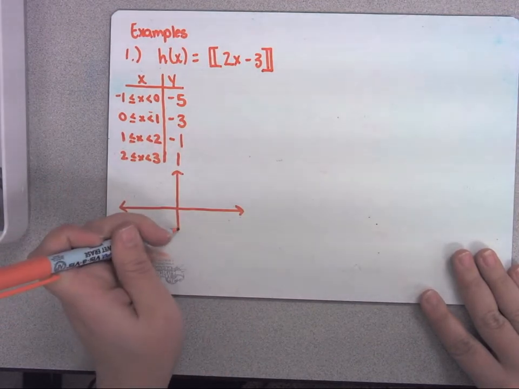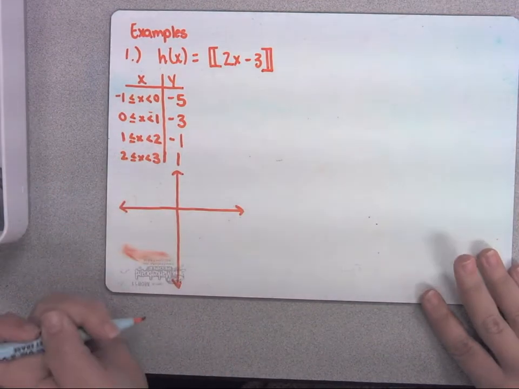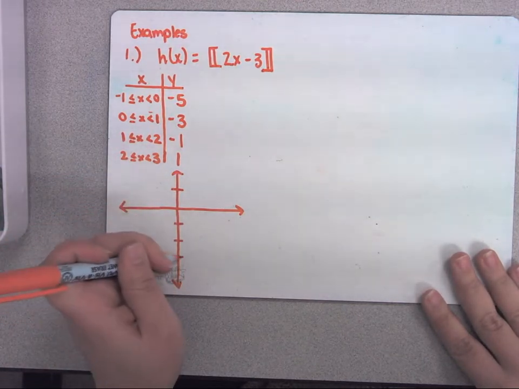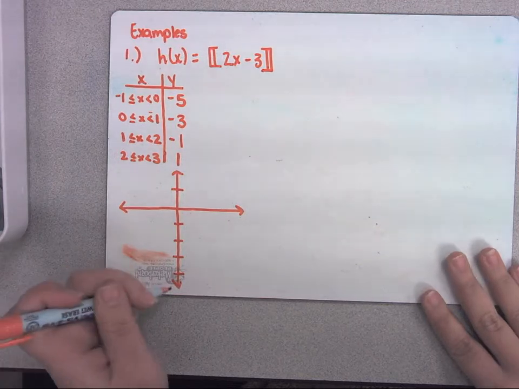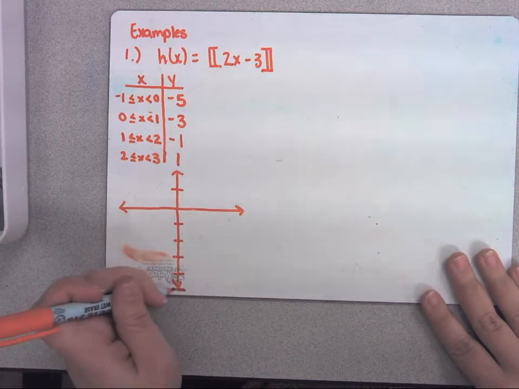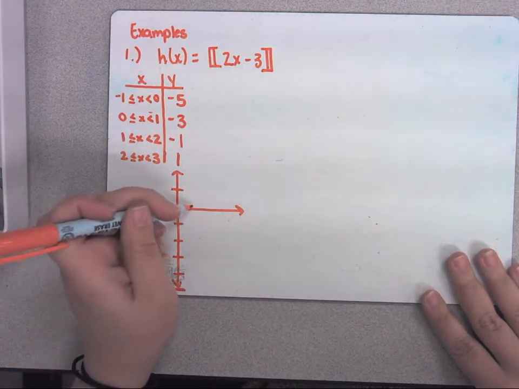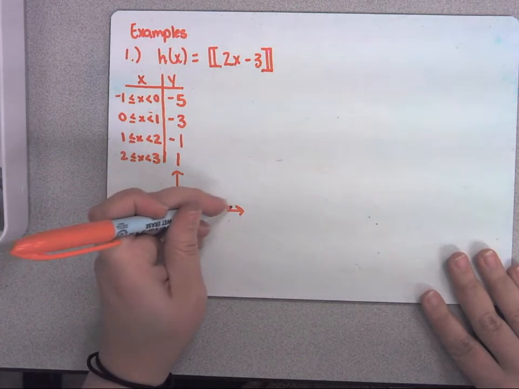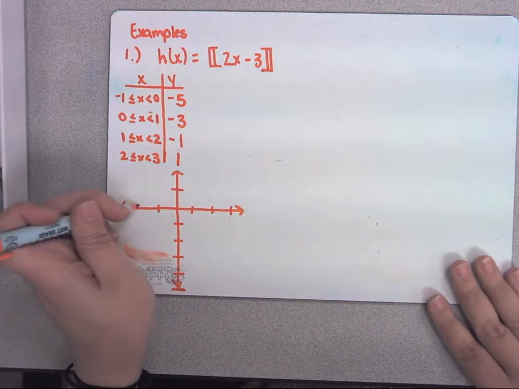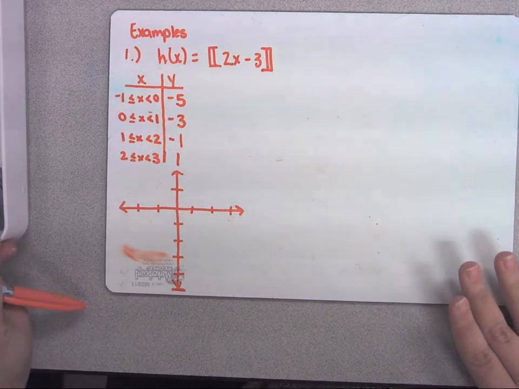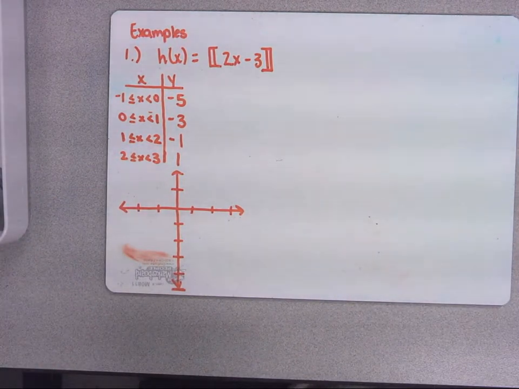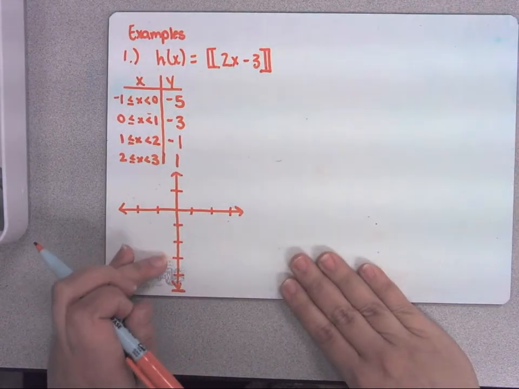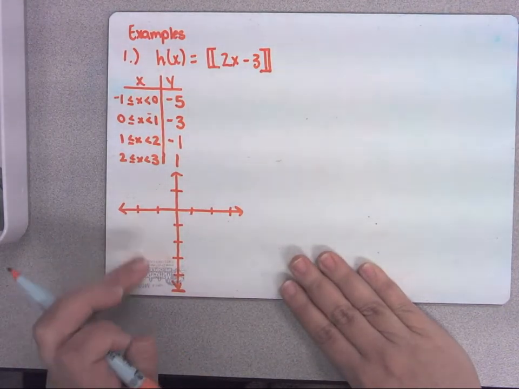Y's. Plus 1 for y: 1, 2, 3, 4, oh, man, 5. I'm all kinds of messed up today. I just got my hands clean, too. Be thankful you have erasers.